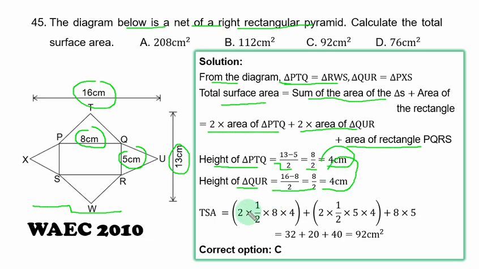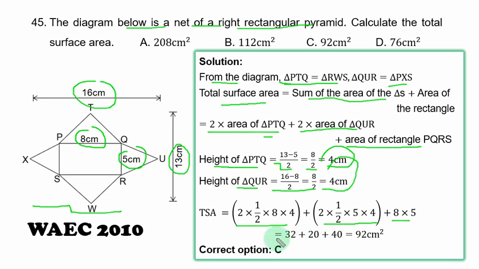Therefore, total surface area is equal to 2 times area of this triangle, 1 over 2, times the base, 8, times the height, 4, plus area of this triangle and this. You take 1 and multiply it by 2, plus area of the rectangle, length is 8, times breadth is 5.